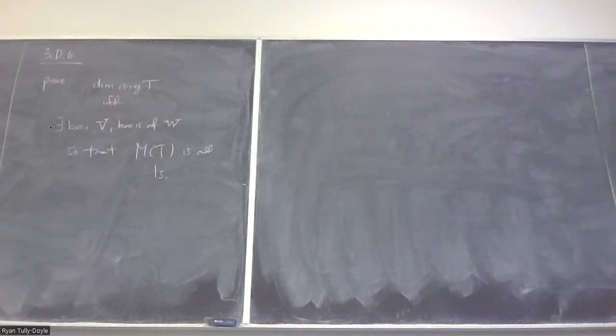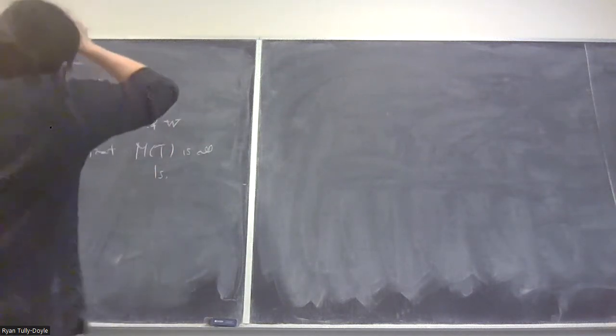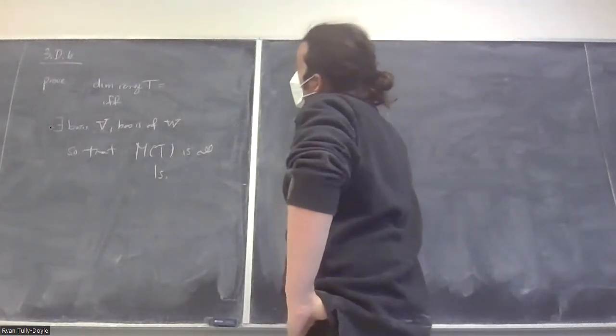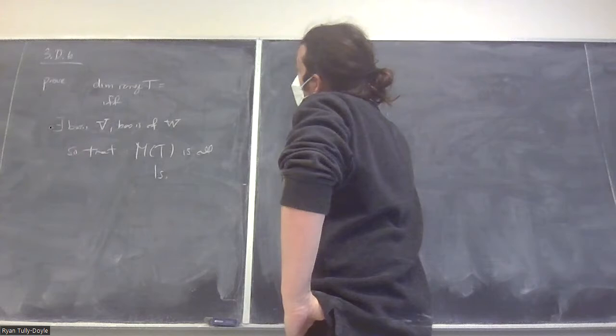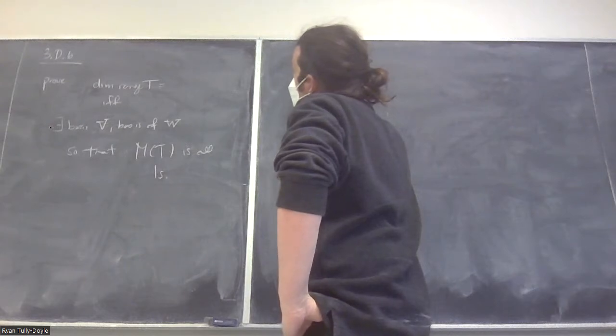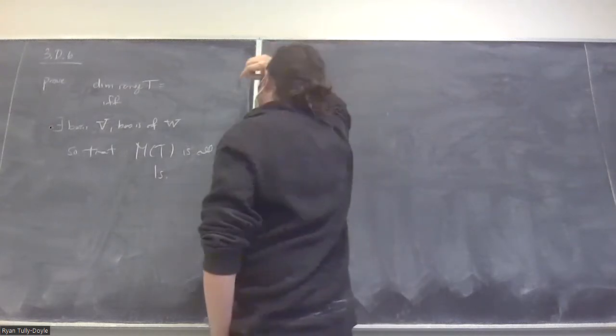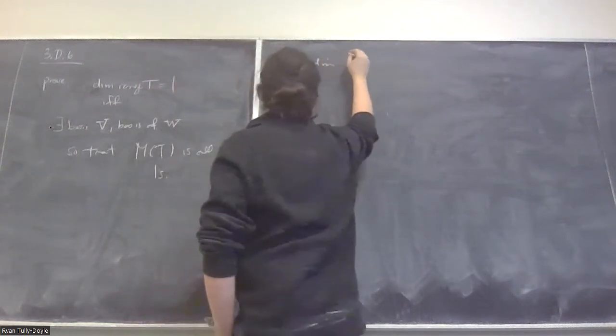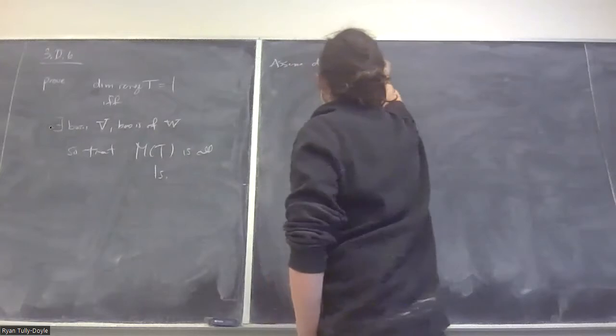Okay. So you want the backwards direction. Assume the matrix is all ones, show the dimension of the range is 1. One of the forward direction. The forward direction. Okay. So let's see, we're going to assume that the dimension of the range of T is equal to 1.